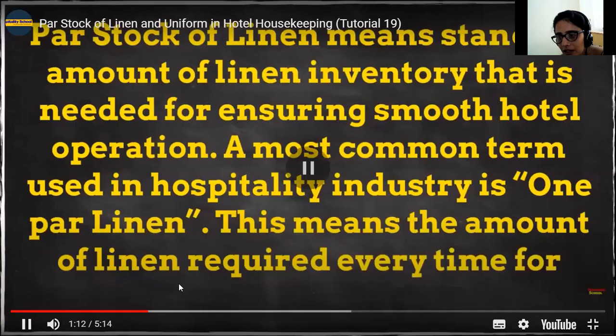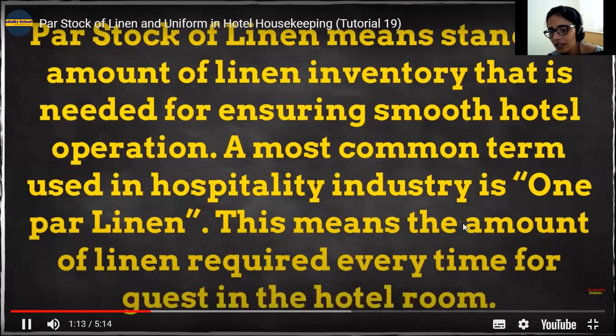So first we have to understand what a par stock is. Par stock of linen means the standard amount of linen inventory that is needed for ensuring smooth hotel operation. A common term used in the hospitality industry is 1 par stock linen. This means the amount of linen guests require in every hotel room.